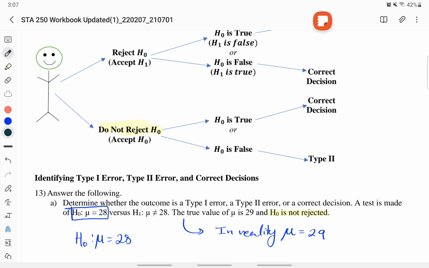The null hypothesis states that mu equals 28, but in reality, mu is 29. So that means the null hypothesis is false. Mu equal to 28 is a false statement. That is a false claim because the actual value of mu is 29. So the null is false. Therefore, we made a type 2 error.